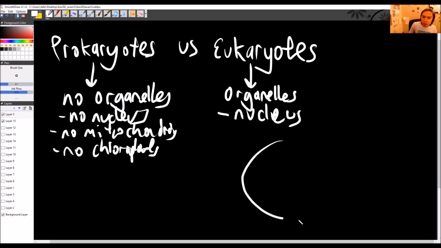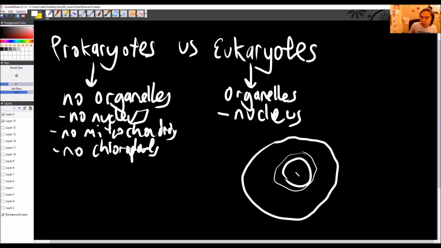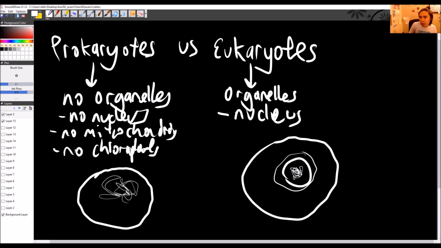So in your eukaryotes, you have your nucleus, and housed within your nucleus is all your genetic material. Within prokaryotes, your DNA is just spread around. It's not enclosed by anything except the main cell membrane.